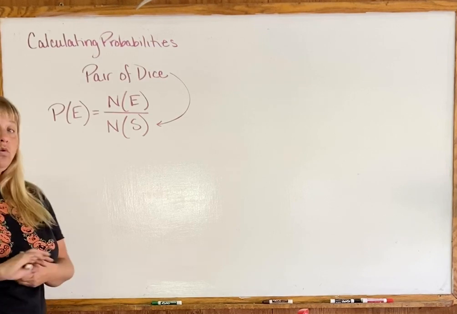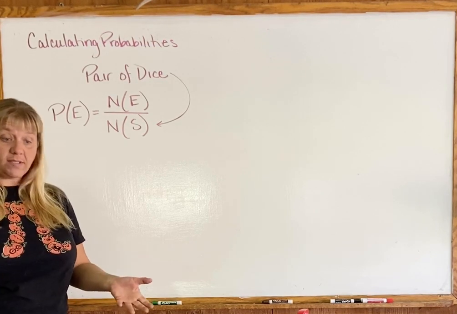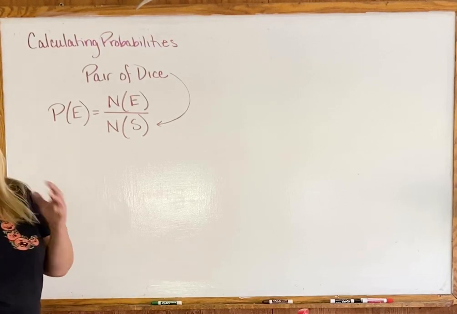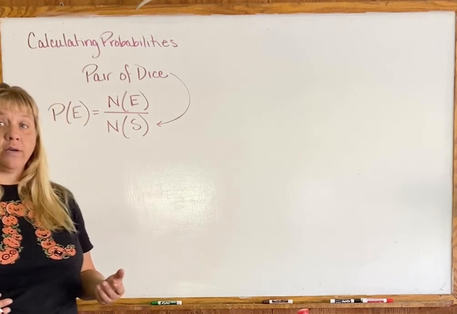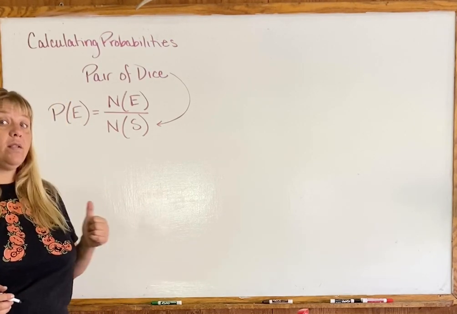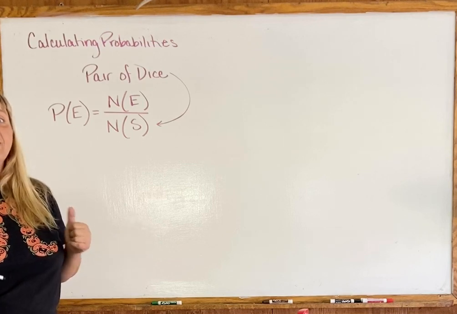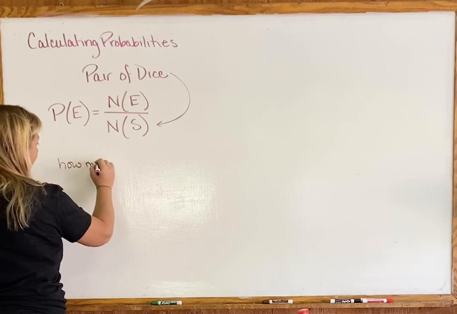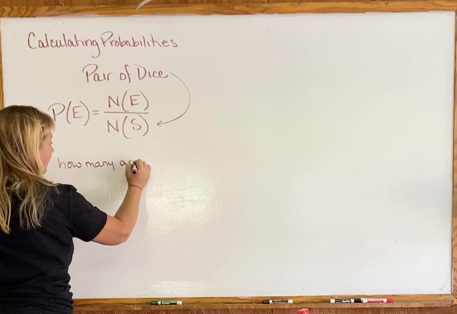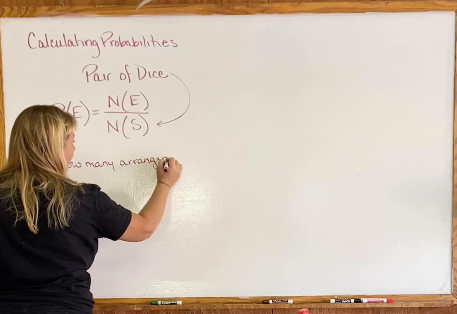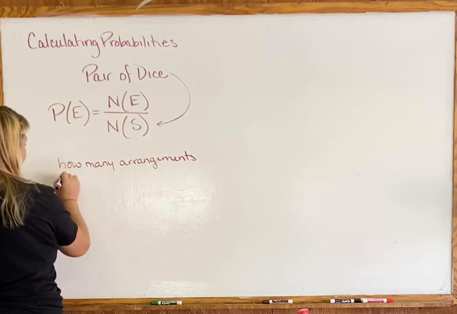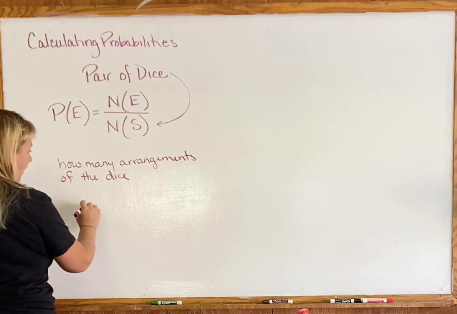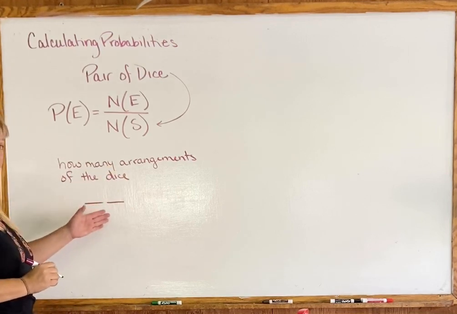When you roll a pair of dice, you've got two six-sided dice, so you can get a lot of different arrangements, right? To figure out how many arrangements there are in total, we're going to use what we learned in the last chapter, the pigeonhole method. So we make two slots, one for each of our dice.